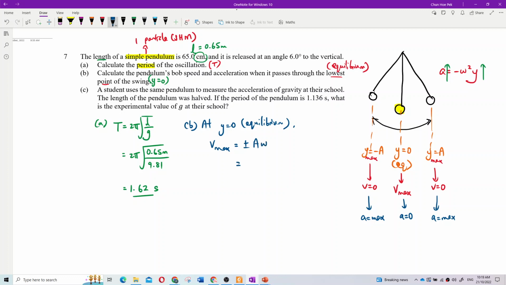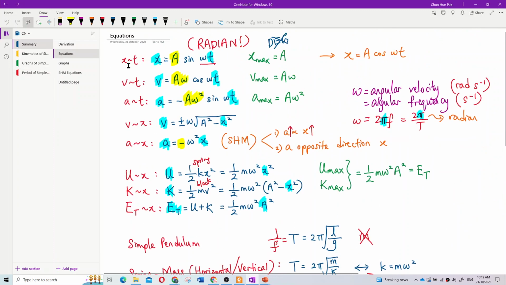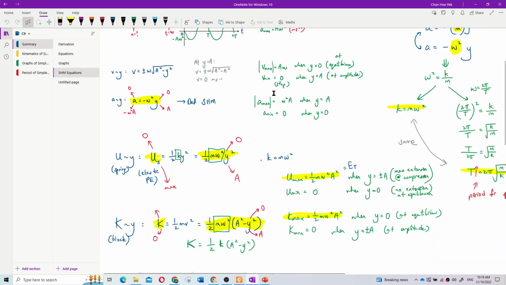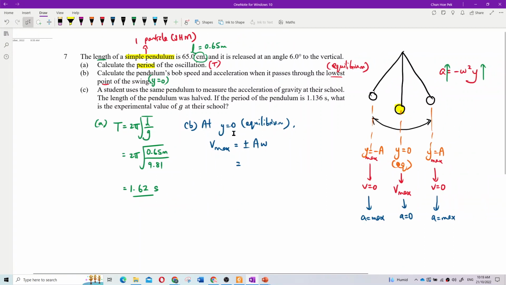That is the formula A omega for V maximum, remember? Right. V maximum is A omega. See that? Acceleration maximum is A omega square. If Y is maximum, A is omega square. Very simple to remember. So V maximum is A omega.